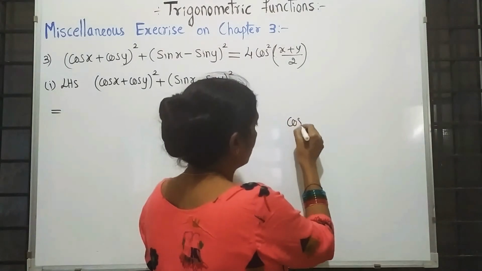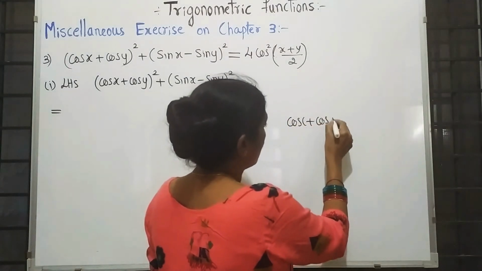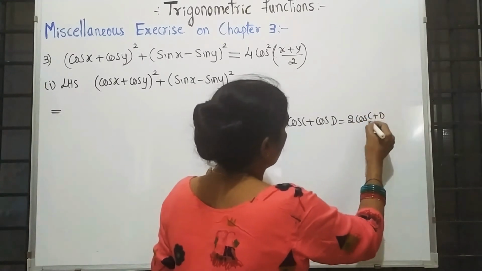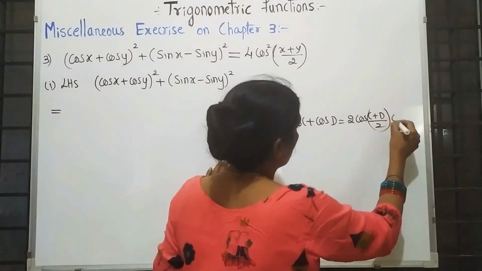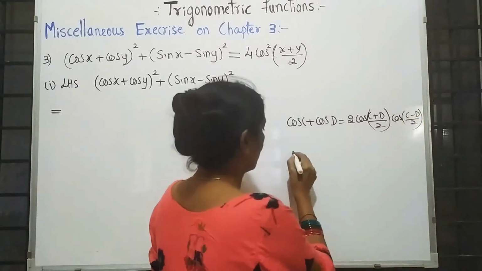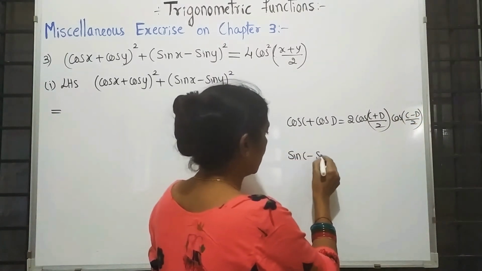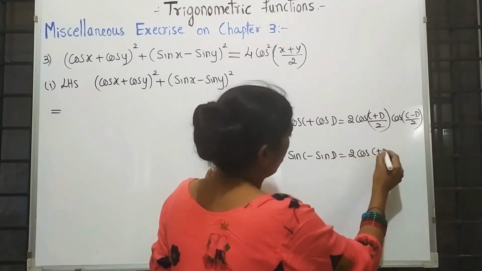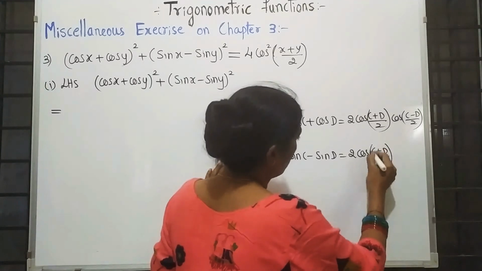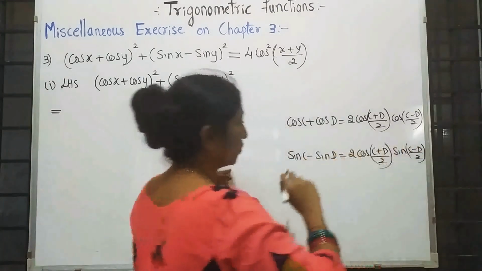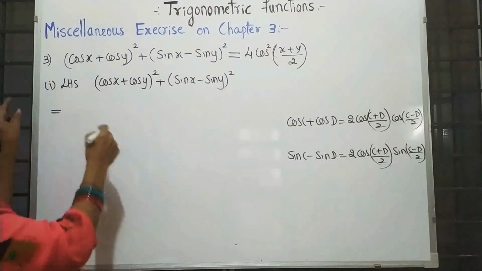I will write both formulas. Cos c plus cos d is 2 cos c plus d by 2 into cos c minus d by 2. Next one, sin c minus sin d is 2 cos c plus d by 2 into sin c minus d by 2. So I gave the formula, now apply that.